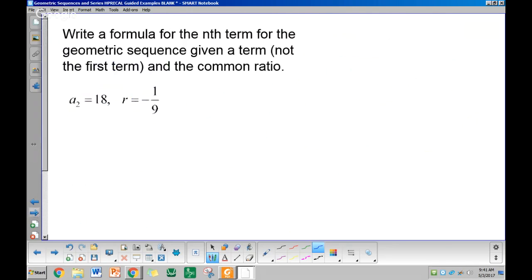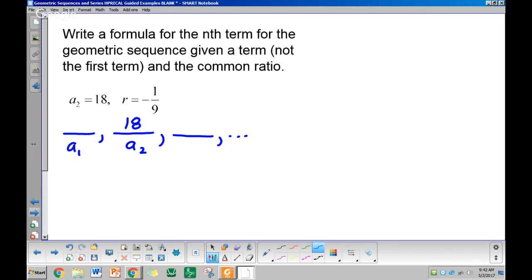All right, move right along. Write a formula for the nth term of the geometric sequence given a term that's not the first one and a common ratio. You can solve for it. This is kind of what I like to do sometimes. Since I have the second term, I'll put 18 here. This is a sub 1, and this is a sub 2.